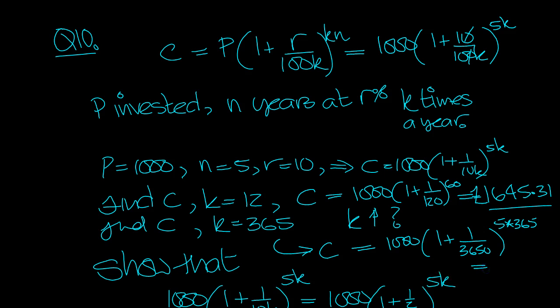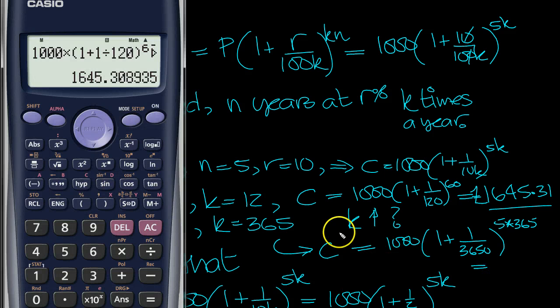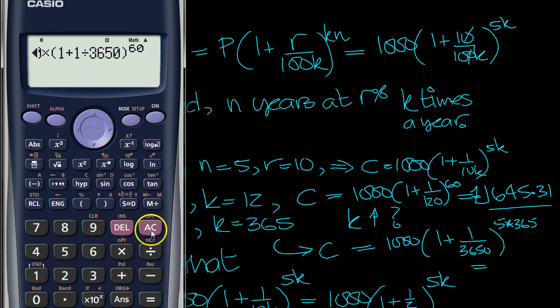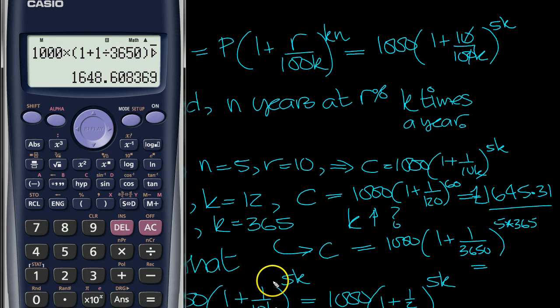So let's see what that equals. So the thousand's okay. 1 plus 1 over 3650. And this power term is 5 times 365 equals 1648.61.